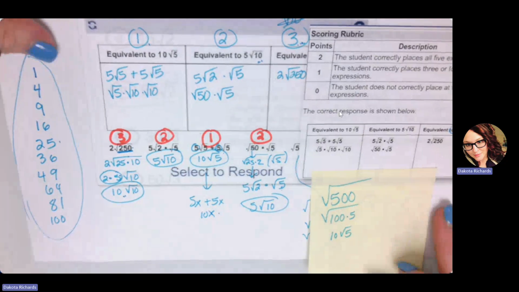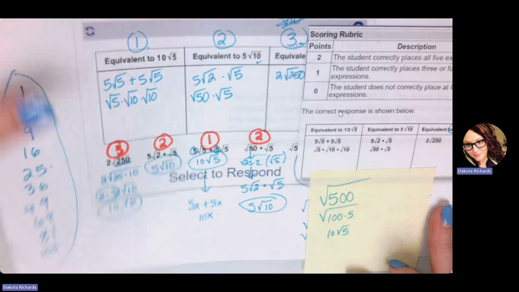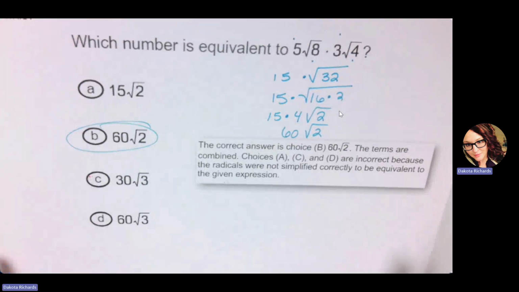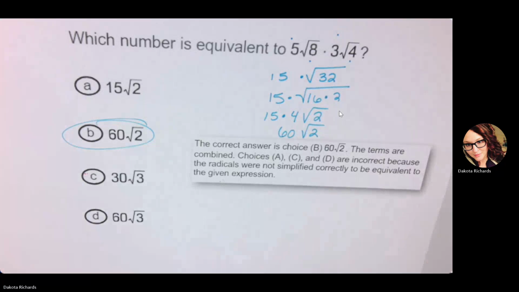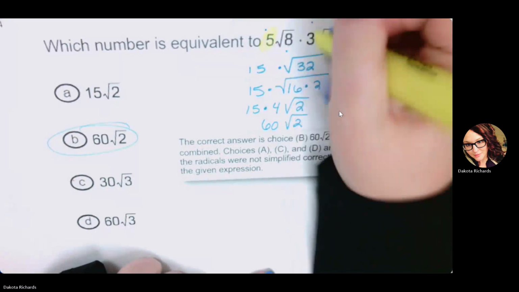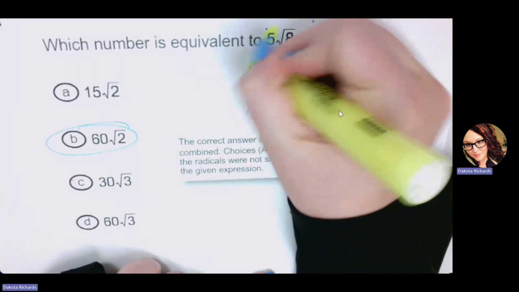And then question 14. Which number is equivalent to 5 square root 8 times 3 square root 4? Well, we're going to multiply 5 times 3, and we get 15, right?